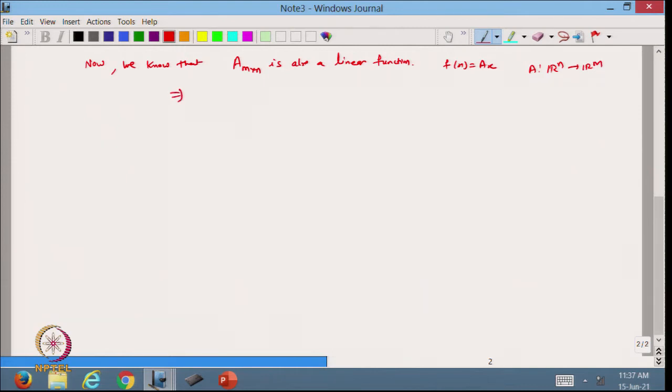So I can take N(A) as the set of all x belonging to Rn such that A x is equal to 0. I know that Ax equal to 0 is a homogeneous system of equations.